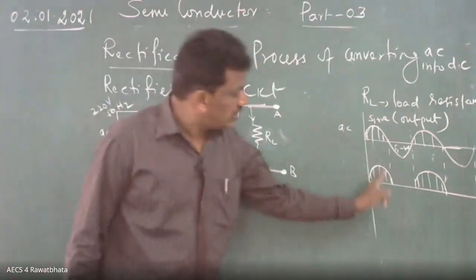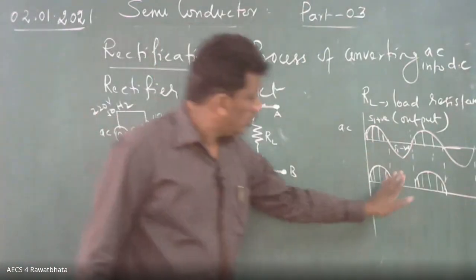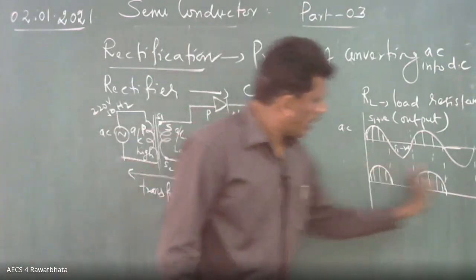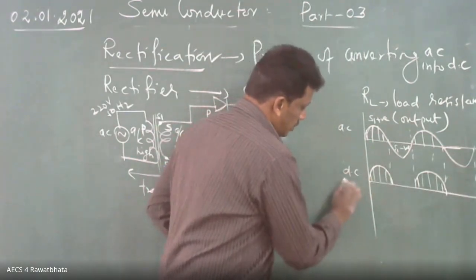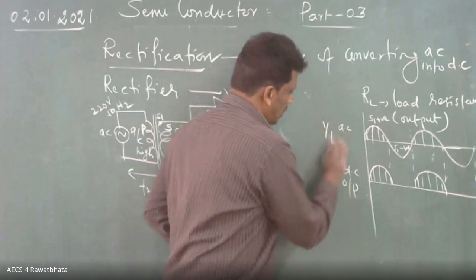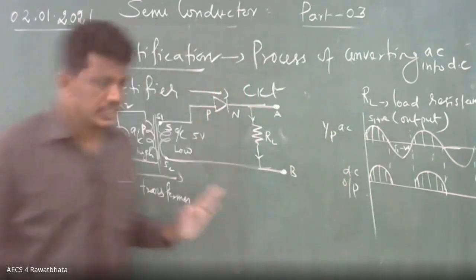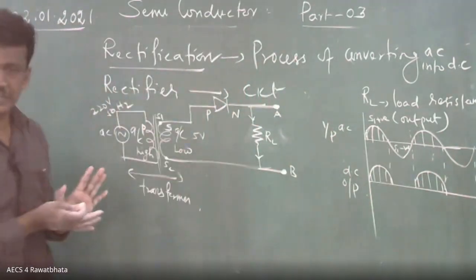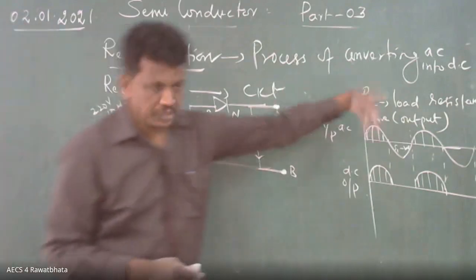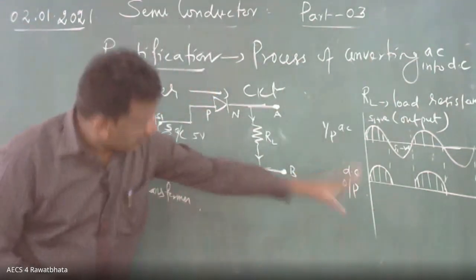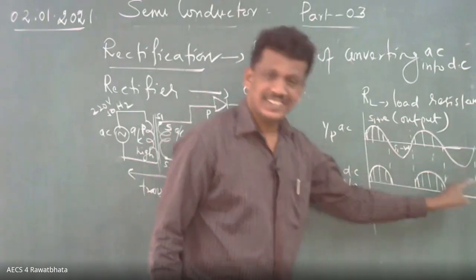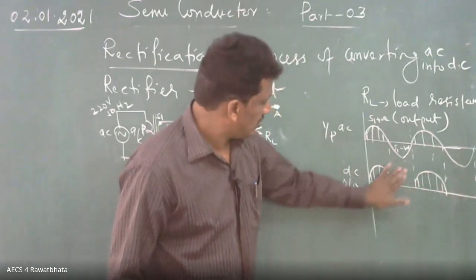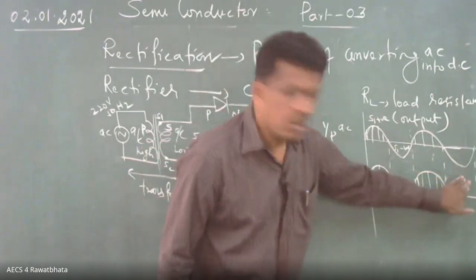See how you are getting this output, in one direction only. This is output, this is DC, and this is input. The same diagram, please all of you copy it. This process will continue. But what kind of output is it? It is not continuous. Here no voltage, here no voltage.